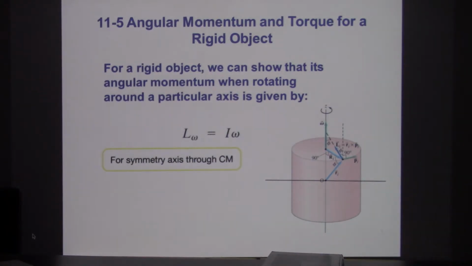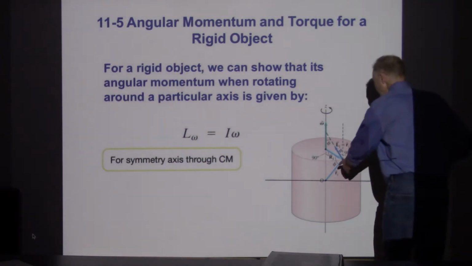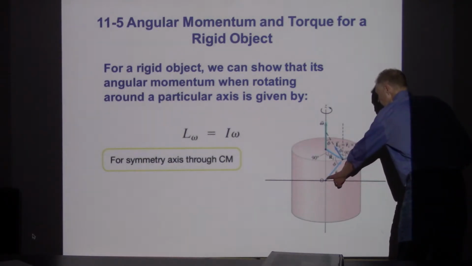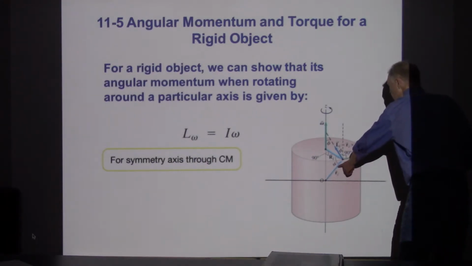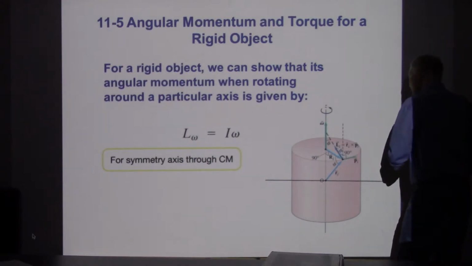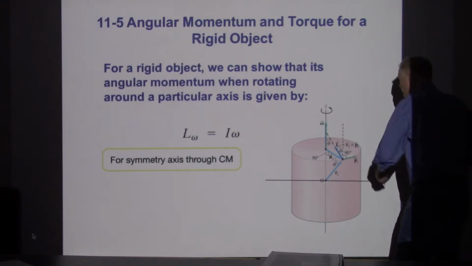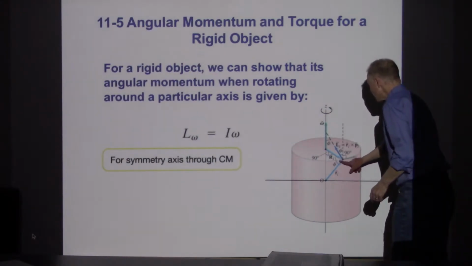If I look at the z-axis, the mass is distributed symmetrically around that axis, and that means that the axis also goes through the center of mass of the object. Now I can take a lever vector from the center of mass, the zero point in the coordinate system, and then I can look at where the momentum is for individual parts of that object.